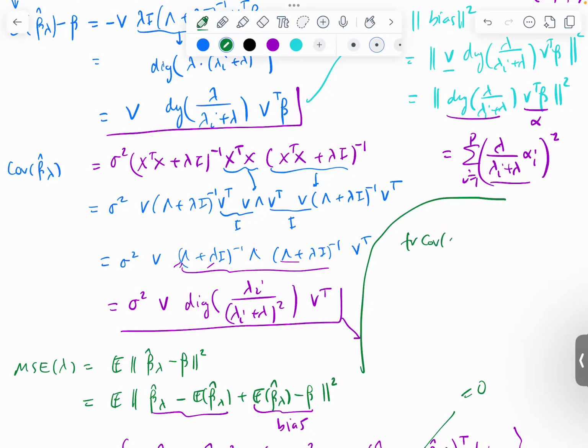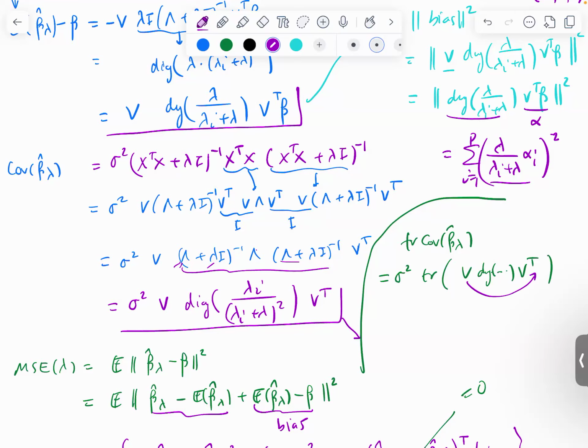trace of the covariance of beta hat lambda. So what happens here? Another application of the invariance of the trace to cyclic transforms. You get V, there's a diagonal term here, and V transpose. So what can I do here? Move things around.